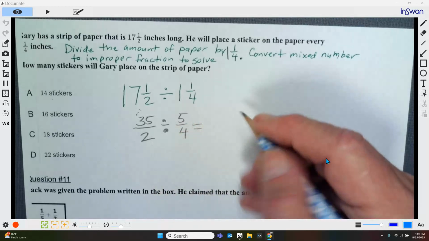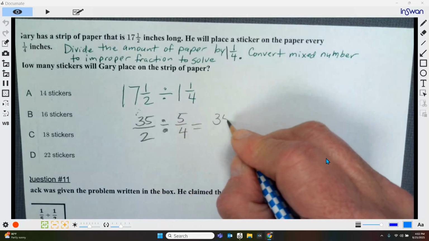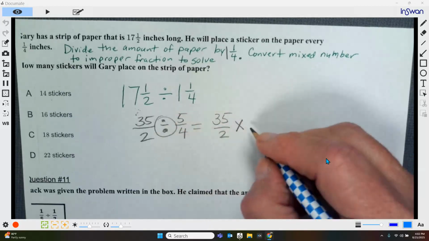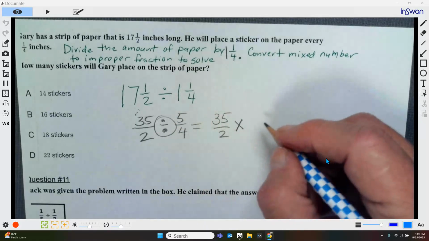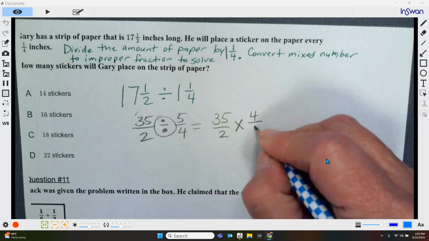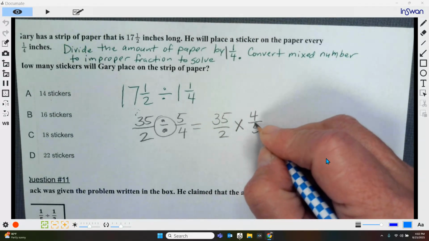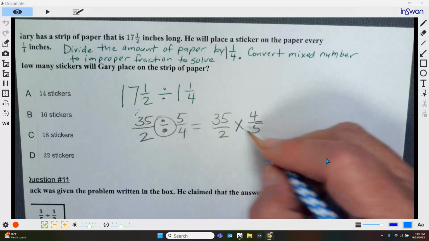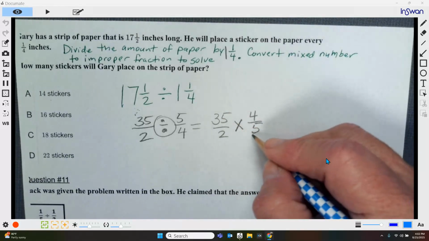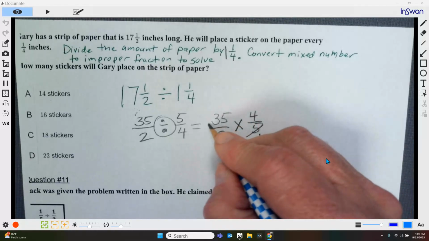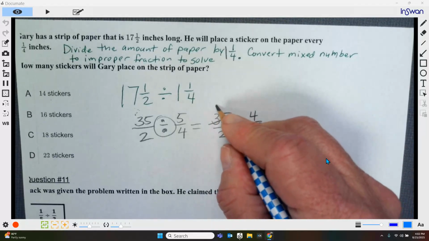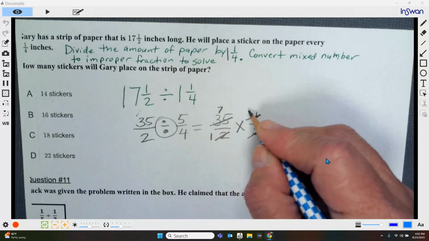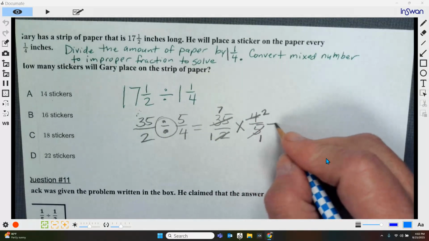Now we're going to multiply by the reciprocal. 35 over 2, change our division to multiplication, and then make the reciprocal of 5/4, so that would be 4 over 5. And I can divide out this 5, and I can divide out that 2. 5 goes into 5 one time, 5 goes into 35 7 times. 2 goes into 2 one time, 2 goes into 4 2 times.